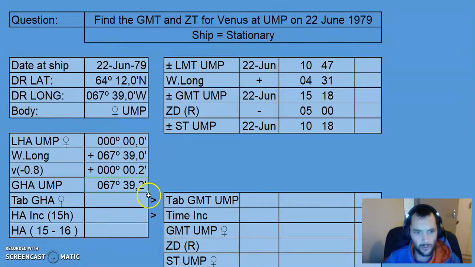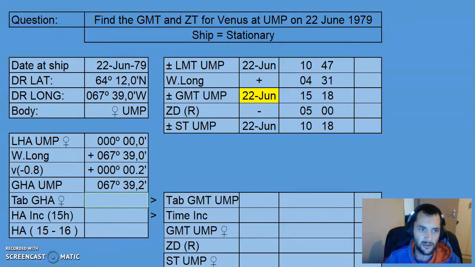So from there, it's straightforward again. Now we go back into the almanac, and this will of course be on that 22nd of June, so we'll always be using this date over here. We find the tabulated GHA that is closest to 67 and also before 67, so lower than 67.